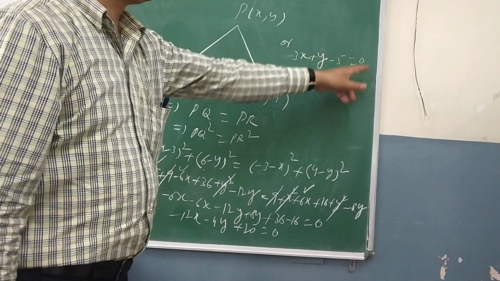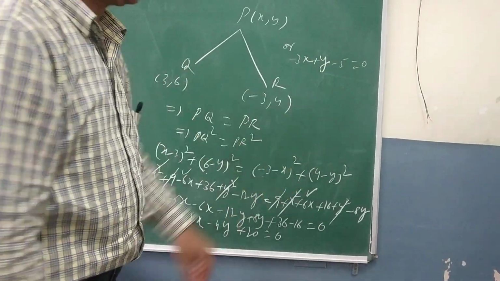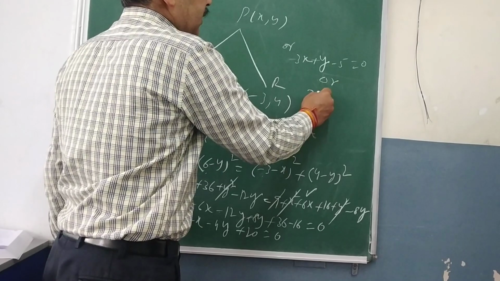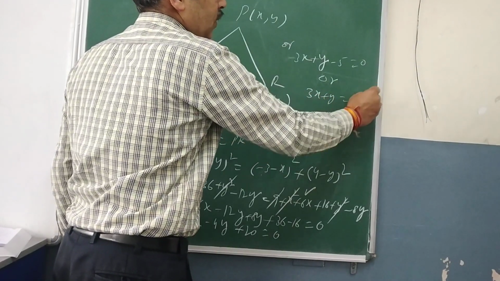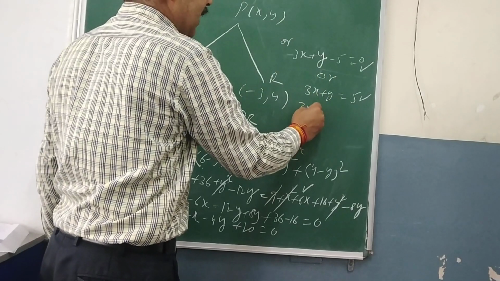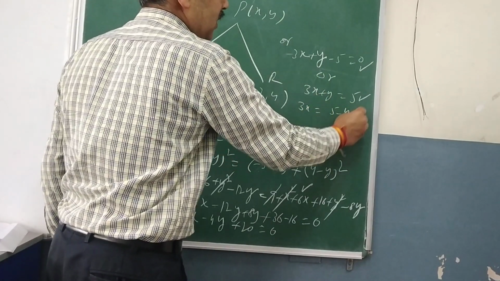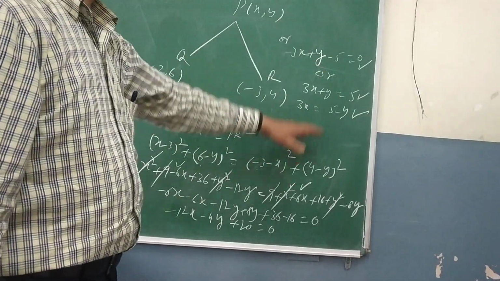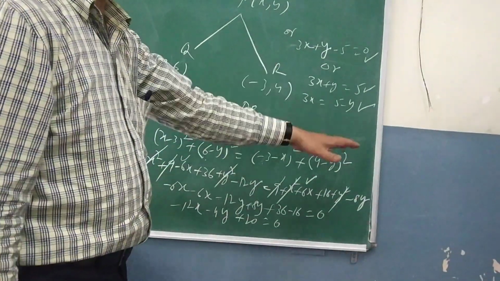So here you can leave your answer. This is a relationship between x and y. Or you can write 3x plus y is equal to 5. This is also correct. If you want to write 3x is equal to 5 minus y, this is also correct. All these are denoting the relationship between x and y.